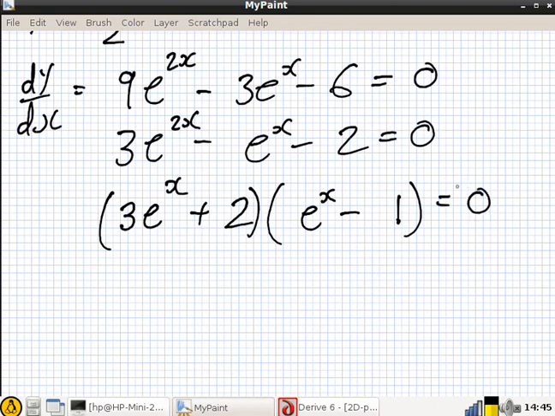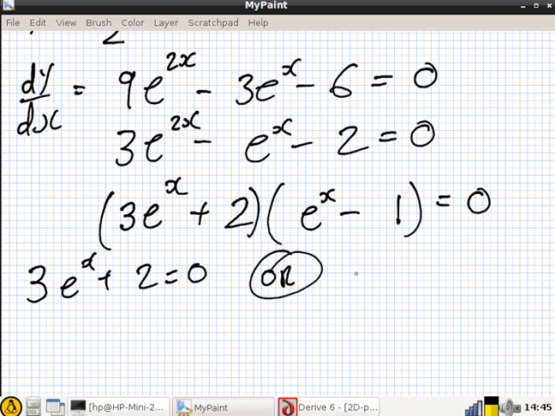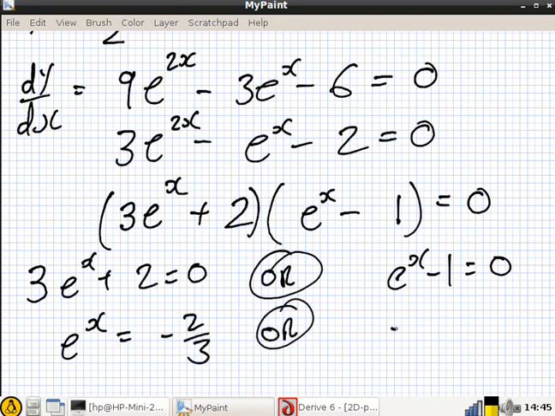Are we paying attention? So here I have 2 answers to consider. The first one, 3e^x plus 2 equals 0, or e^x minus 1 equals 0. So here I get e^x equals minus 2 over 3, or e^x equals 1.